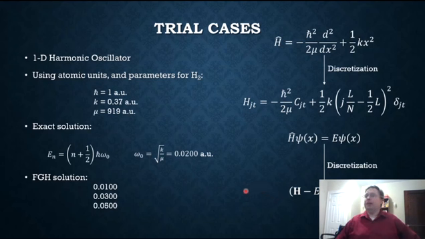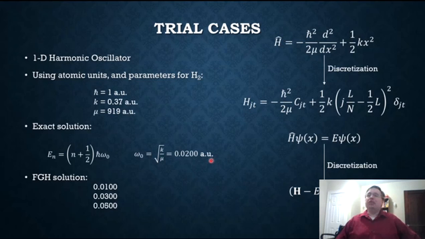So, the first trial case we considered was to simply use the harmonic oscillator, since the exact solutions are known. So using the parameters for H2 as follows, the exact solution is n plus a half times h bar omega, where omega, using the parameters for H2, is 0.02 atomic units.